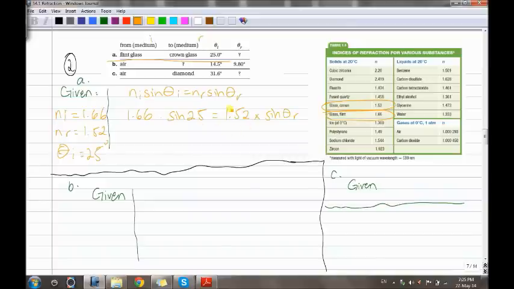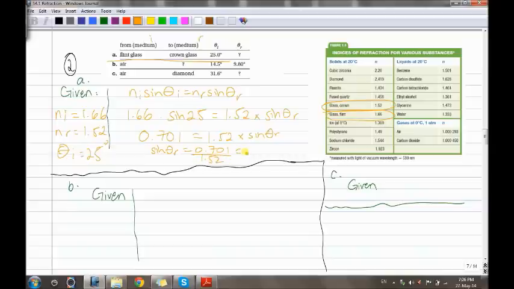So 1.66 times sine 25, which is 0.701, and then 1.52 times sine theta R. So we divide. Sine theta R equals 0.701 over 1.52.